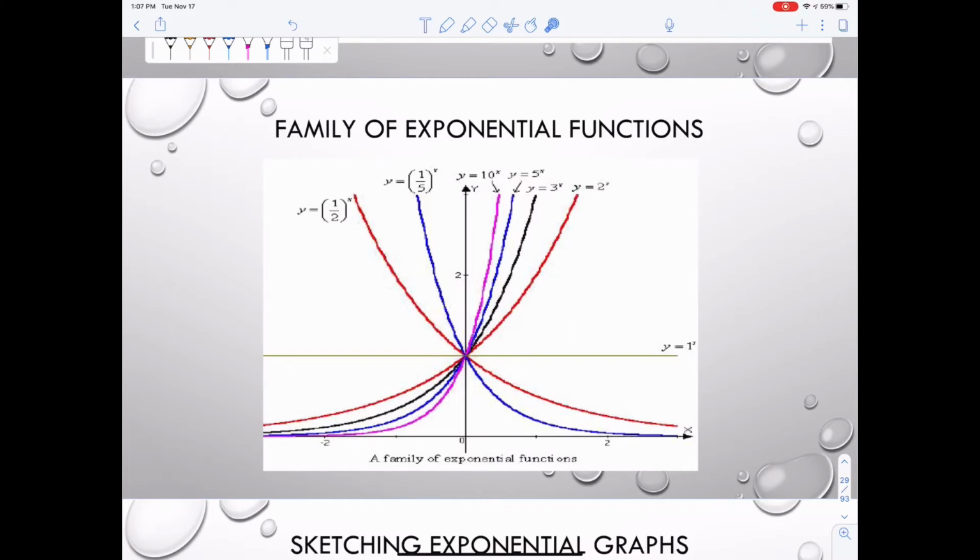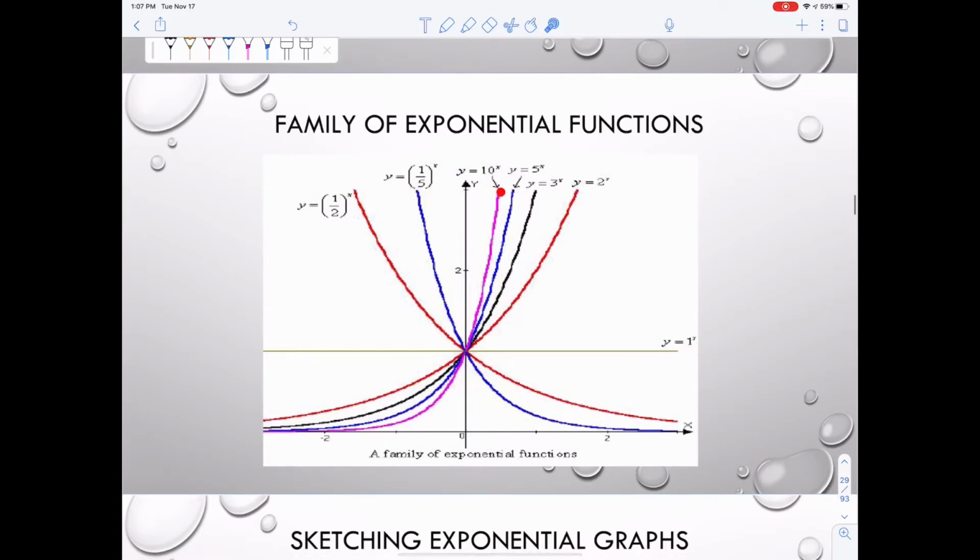Same thing as that base increases: on the left-hand side of the y-axis, I'm hugging the x-axis closer, but as I get to the right, it's increasing much, much quicker. It's much, much steeper. Think about it as going from right to left, going backwards, it's decreasing that much faster, which is why 10 to the x, as it gets to the left of the y-axis, gets closer to the x-axis much, much quicker, because I'm dividing by a factor of 10 each time, not by a factor of maybe 2.